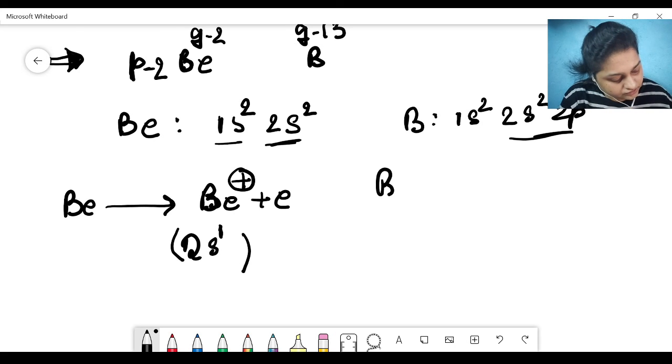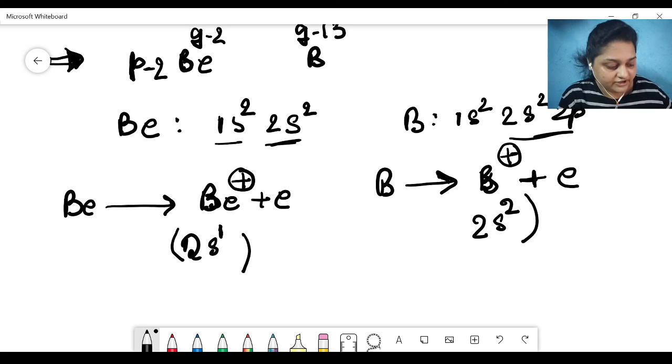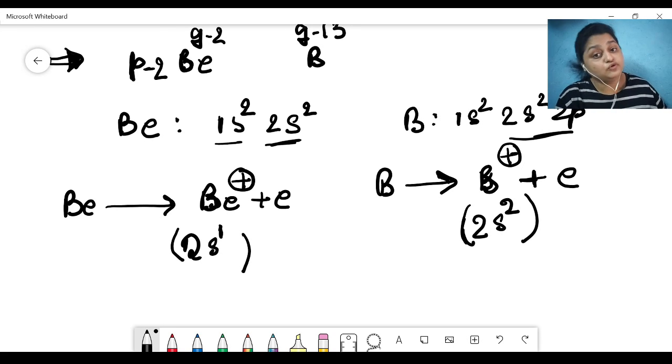For boron, the first ionization removes the outermost valence shell electron and produces the B+ cation, and thus the valence shell electronic configuration will be 2s2. Evidently, beryllium was already in a fulfilled, stable valence shell configuration.